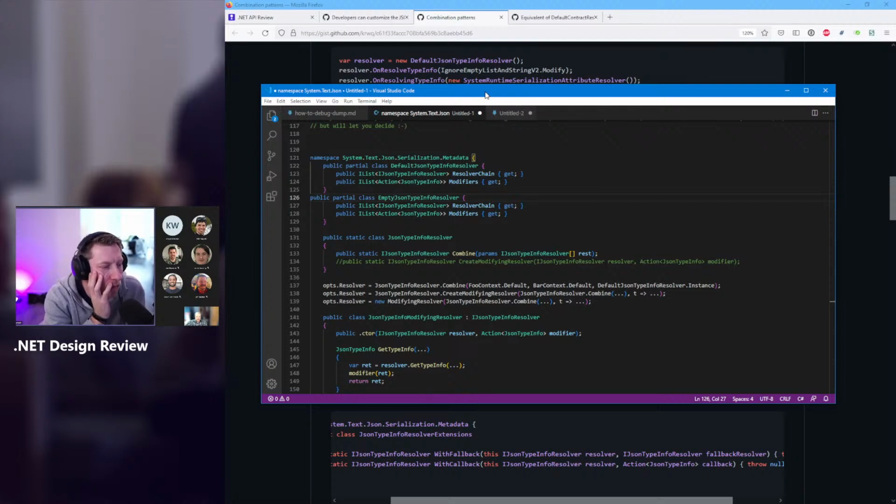I guess my mental model would be, if what you said is true, I only want to modify certain types. Well, your callback in the modifier can check that and basically just say if type equals customer, do something, otherwise do nothing, right? Yeah, I mean, really, I guess the question is, do you think it will be common that someone will want to modify a thing that came out of the source generator?